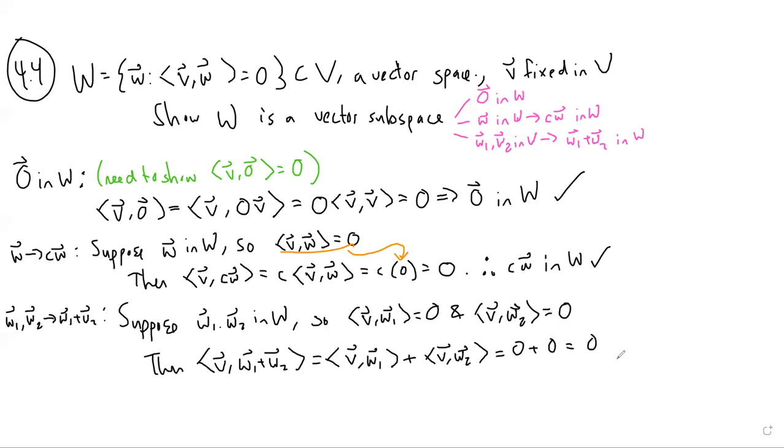So we do get 0, and that means that W1 plus W2, because it has this inner product with V to give me 0, is by definition in W, and therefore W is a subspace of V. And that's it.